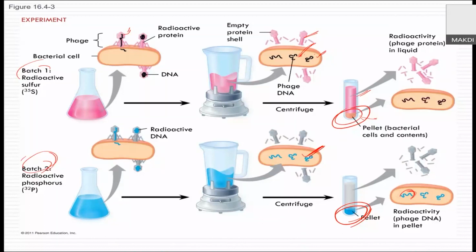In order to transfer the virus genetic material, they need to insert DNA inside the bacterial cells so that the bacterial cells can multiply the virus using their genetic material.